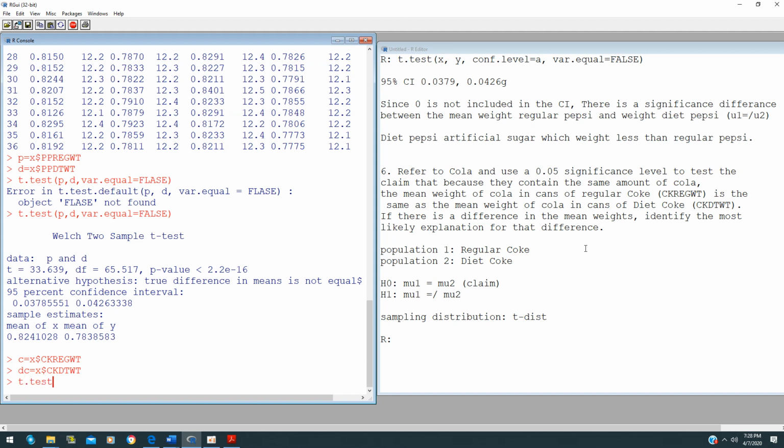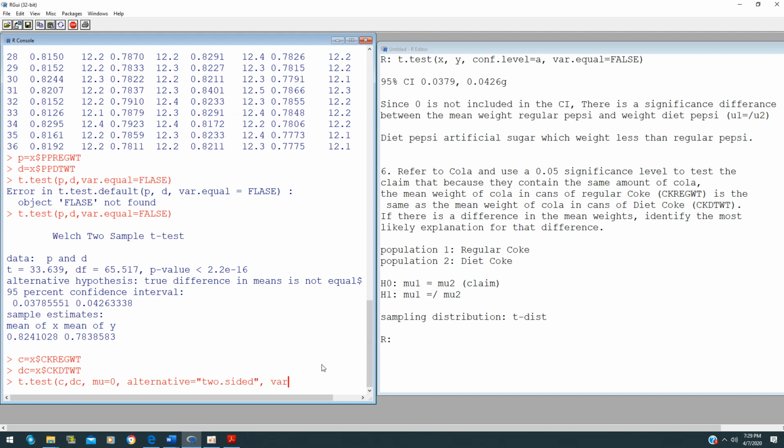So it's t.test, C for Coca-Cola, DC for the Diet Coca-Cola. Mu in this case is 0. Again, we always use mu equals 0 when you do two sample tests or two population testing. And then alternative in this case will be two-sided. The reason why we use two-sided here is because we are testing whether it is equal or not equal, so it's two-sided.